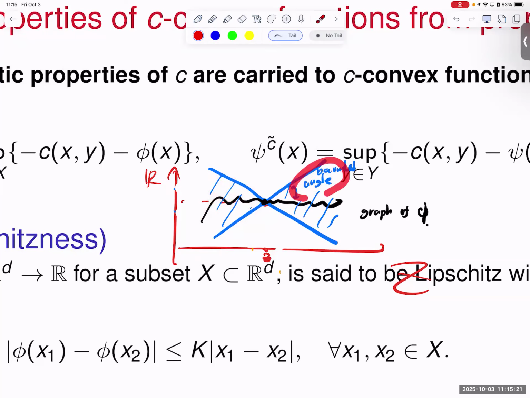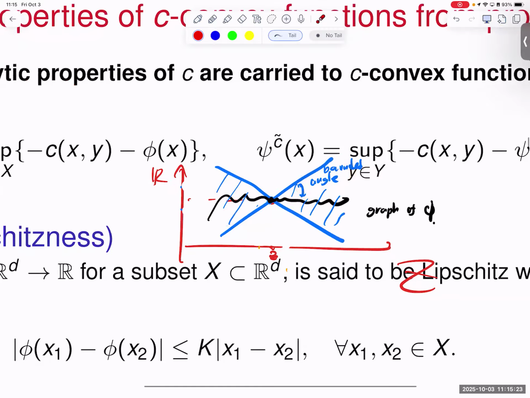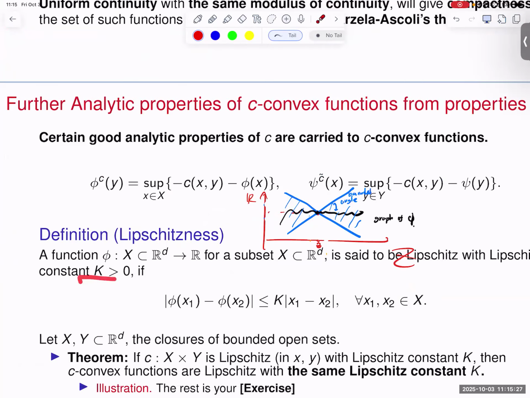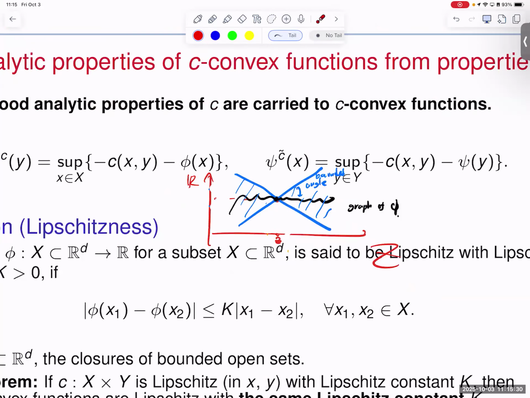With some Lipschitz constant, this k in this expression is called the Lipschitz constant. The Lipschitz constant is almost the same as the angle, just a relative quantity. If the angle is large, the Lipschitz constant is large. If the angle is small, the Lipschitz constant is small.